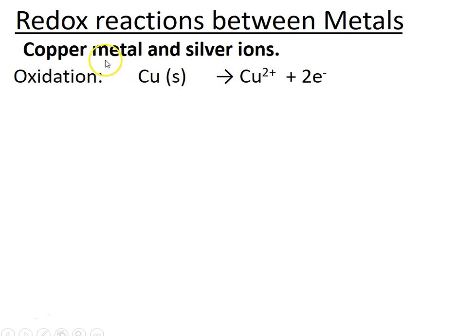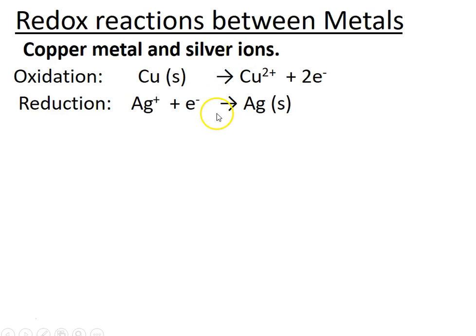So oxidation reaction, if you have copper metal and silver ions together, silver is a more electronegative metal than copper, so it will take the electrons from the copper to become silver metal, and the copper will lose them. So you can have a reaction between two metals as long as one of them is in the metallic form, has its electrons, and the other is the ion.